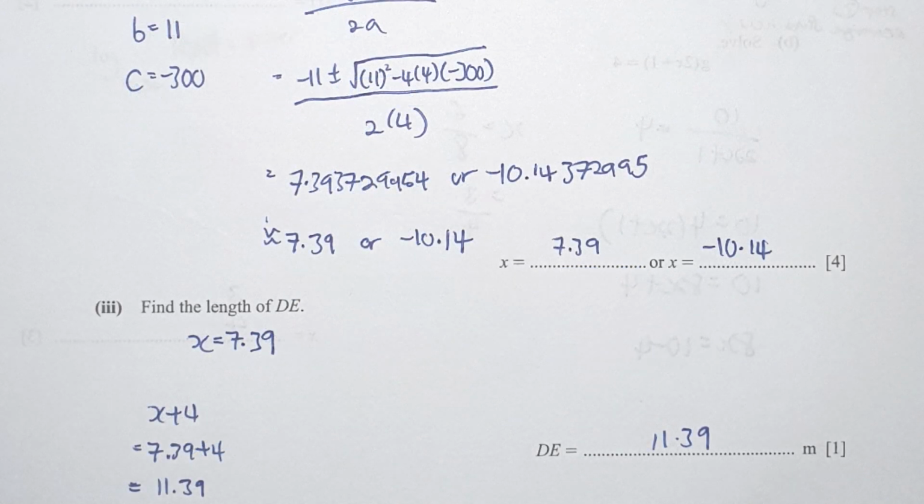To calculate DE's length, you're supposed to take the positive result, which is 7.39, add it with 4, and it will turn out to be 11.39, because -10.14 is invalid. You cannot measure length in negative form.